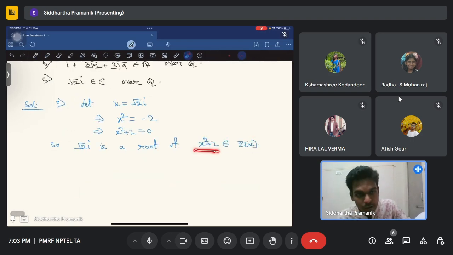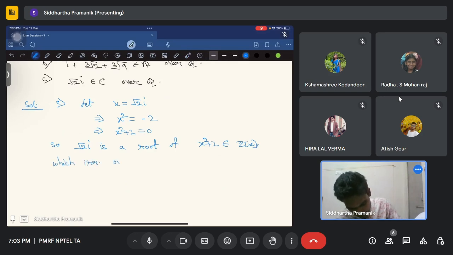And this polynomial is irreducible, right? We can use the Eisenstein criterion, which shows it is irreducible in Q[x] by Eisenstein's criterion. So x² plus 2 is the irreducible polynomial of √2 times i.